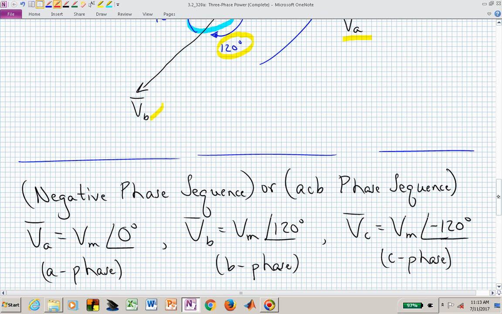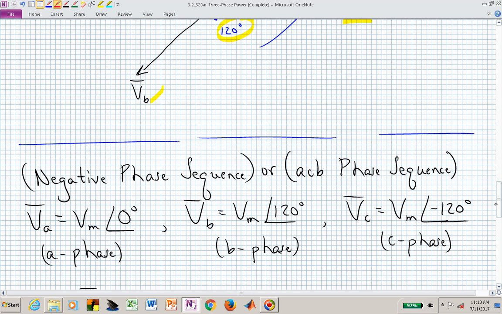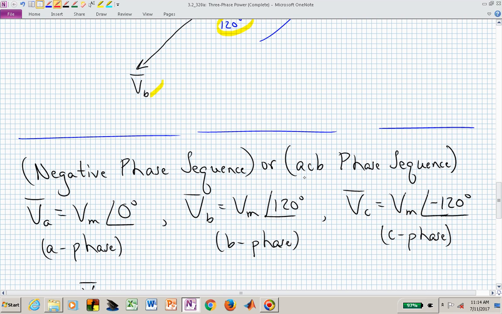Now I think you can anticipate what's going to happen if we change this and say we have a negative phase sequence. Again, we have the three phases, A, B, and C. But now, the negative phase sequence is not the typical way that we say our ABCs. It's now ACB. So it's the negative of what we're used to seeing.